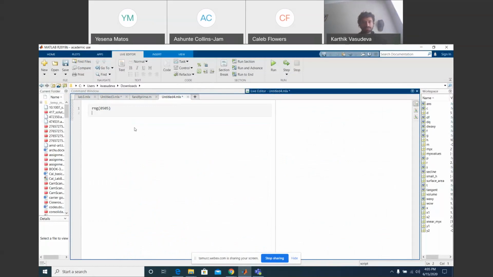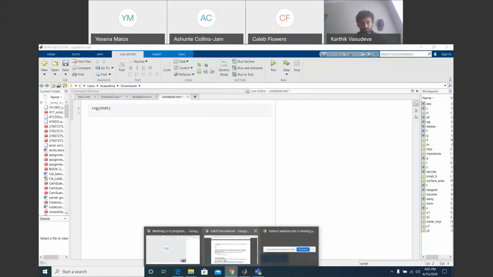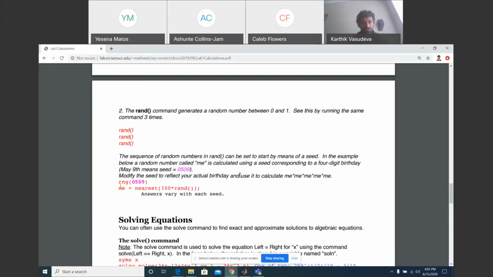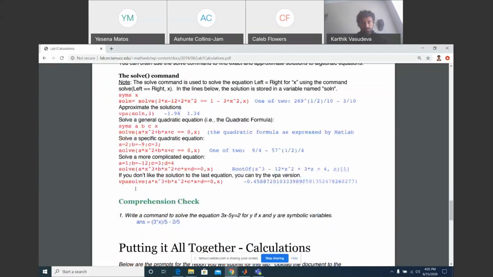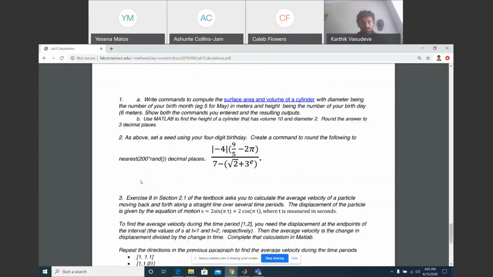Okay, like that. Then you have to round the answer to the nearest decimal places. So what you have to do is choose this one.